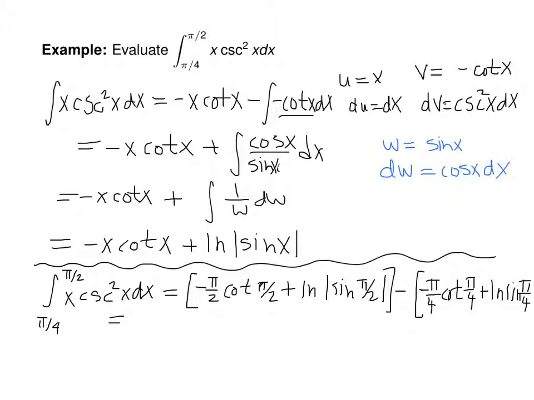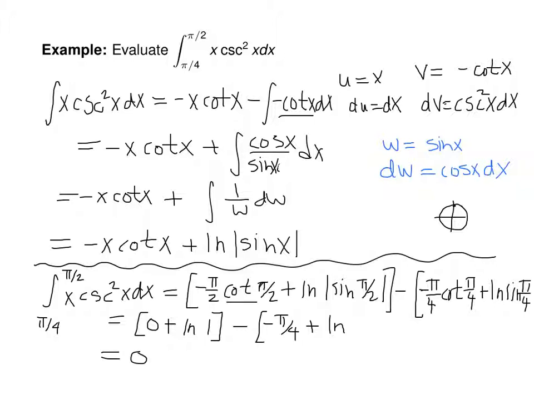Now cotangent of pi halves is cosine of pi halves, which is 0, divided by sine of pi halves, which is 1. So that first term we have is 0. Sine of pi halves is 1, so we have ln of 1, which is also 0, so my first term is equal to 0, minus, now cotangent of pi quarters is 1, so you have minus negative pi quarters, plus ln of sine of pi quarters, which is root 2 over 2, so ln of root 2 over 2.